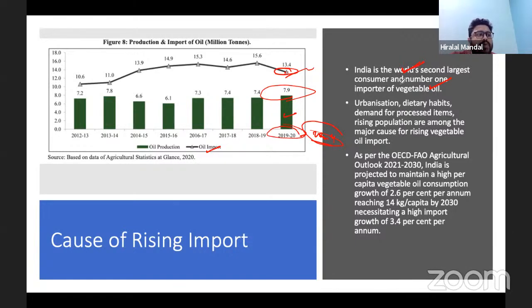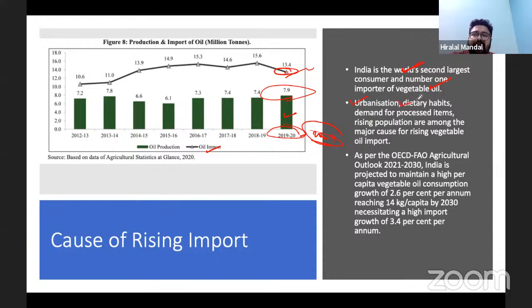Similarly, when you see gold, okay, India is a producer, yet India is importing huge amount of gold. Why is there so much import of edible oil in the country? Largely because of urbanization. With urbanization, you can see the prosperity of the people has also gone up, resulting in the wide use of edible oil in the country.